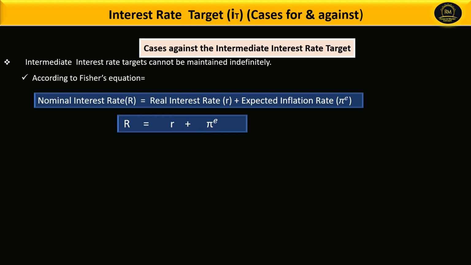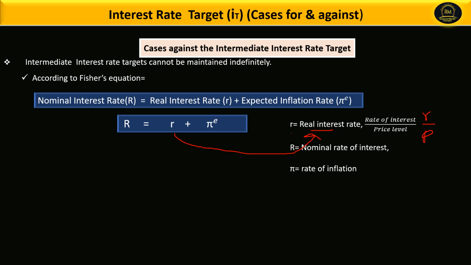So now this small r is very important in the Fisher's equation. Small r is the real interest rate, which is the rate of interest adjusted for the price level in the economy, whereas capital R is the nominal rate of interest and pi is the rate of inflation.